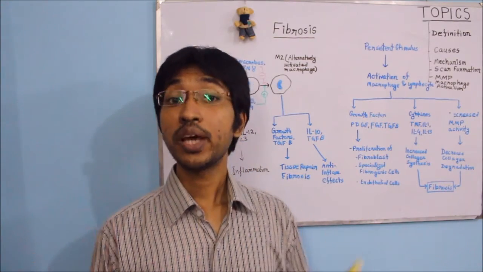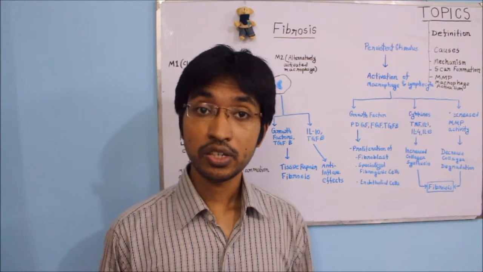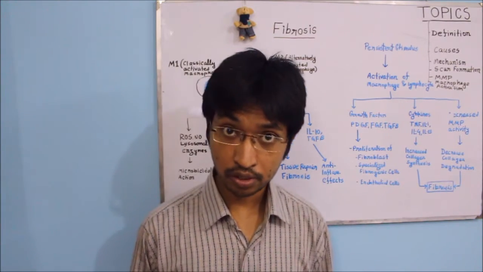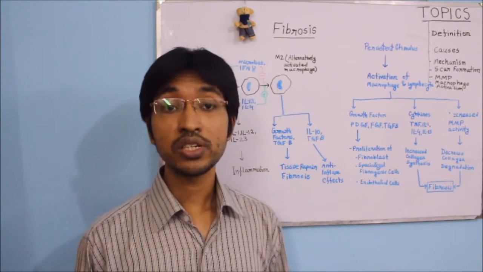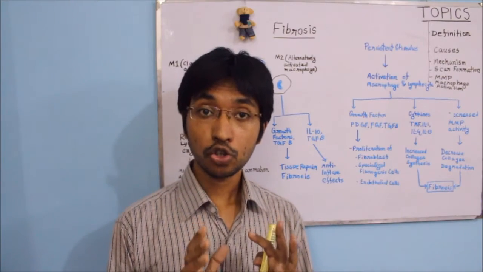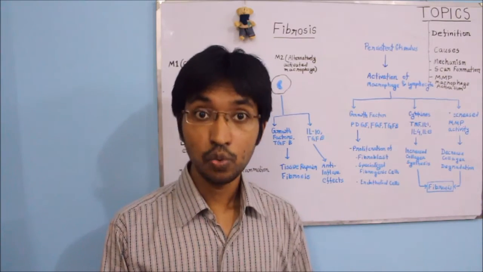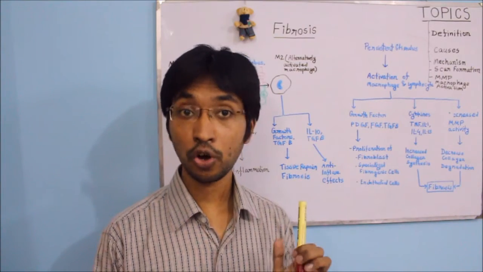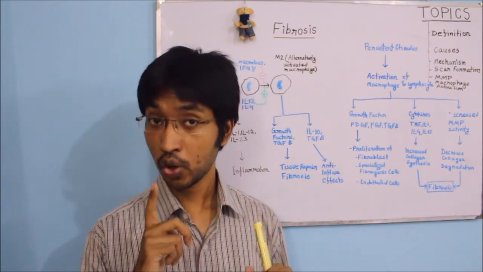Now, when will we have such persistent injurious stimuli? It can happen during chronic infection, it can happen during certain autoimmune reaction. For example, in certain autoimmune diseases, we can have fibrosis. So the first cause of fibrosis was chronic infection.